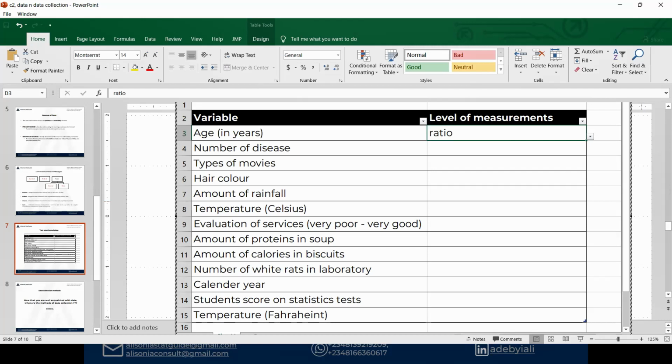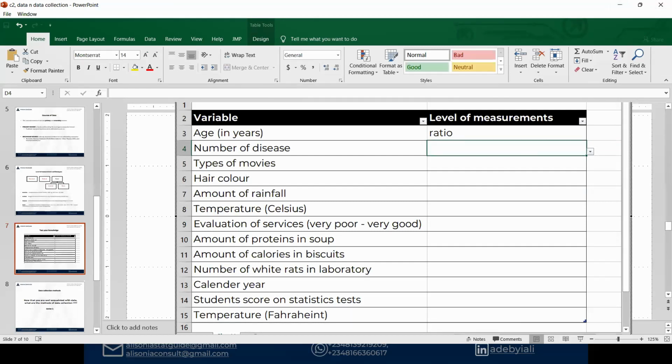Quantitative. And if it is quantitative, you can either choose between ratio or interval because they are numeric. So when you say number of disease now, is it ratio or interval level of measurement?